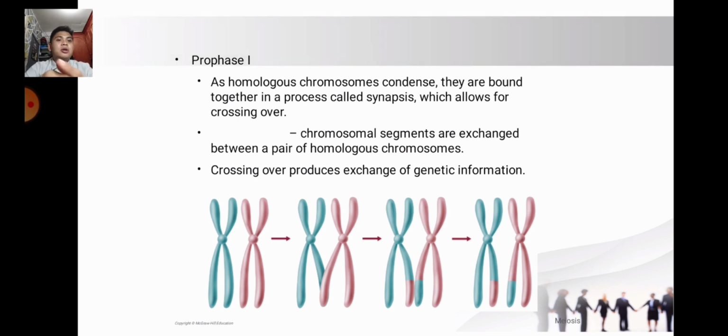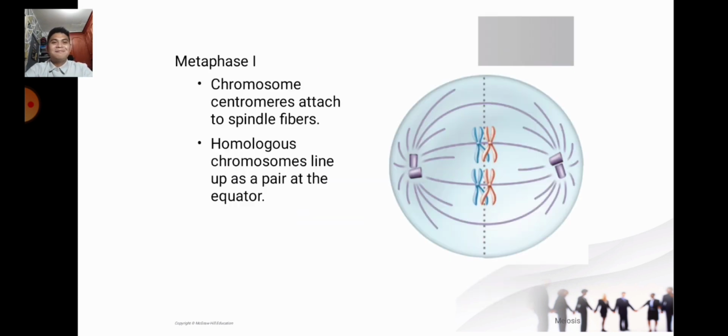As homologous chromosomes condense, they are bound together in a process called synapsis, which allows crossing over. Chromosomal segments are exchanged between a pair of homologous chromosomes. Crossing over produces exchange of genetic information. Always remember that crossing over produces exchange of genetic information.